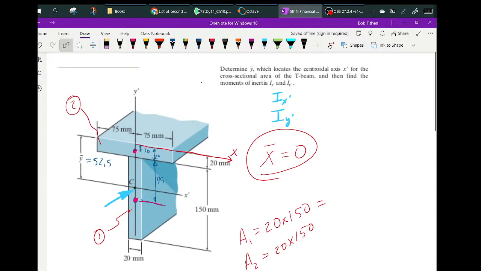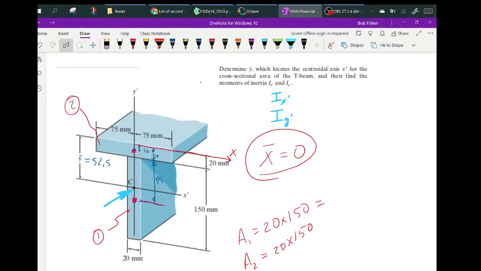So this means he wants to know it about here and about here, not about here.